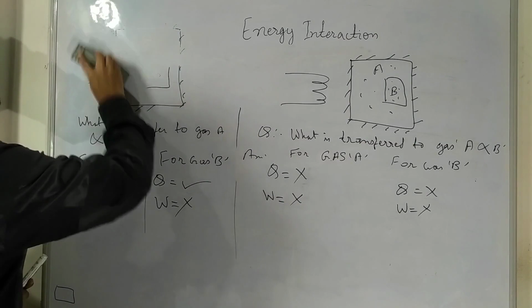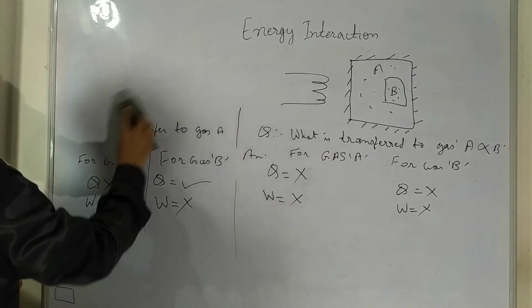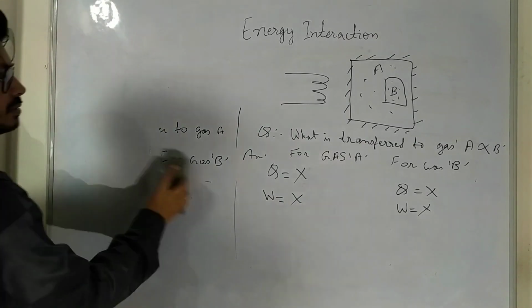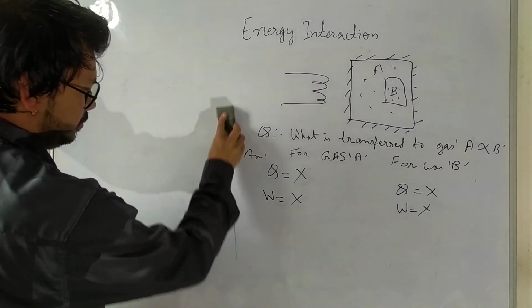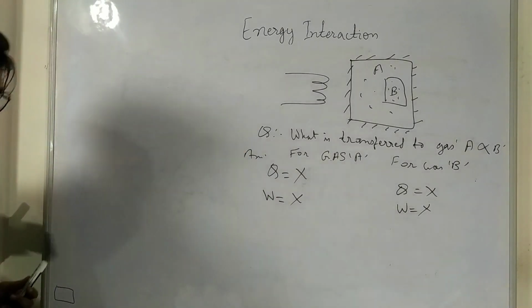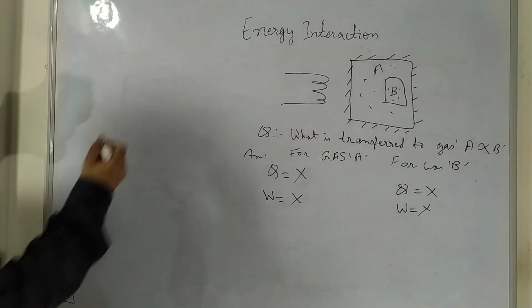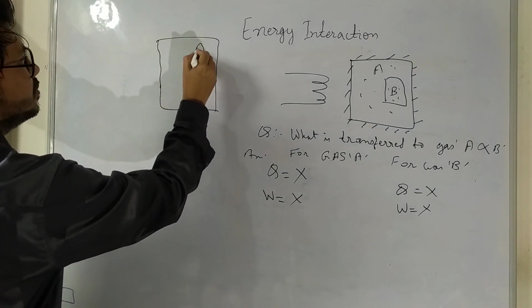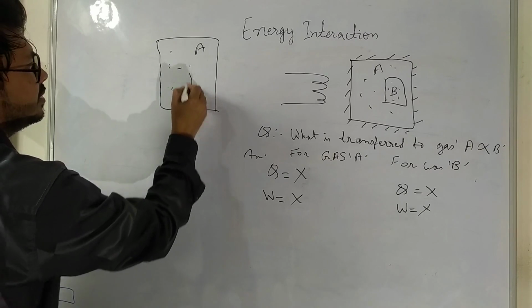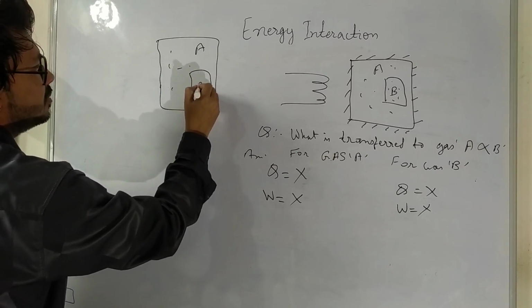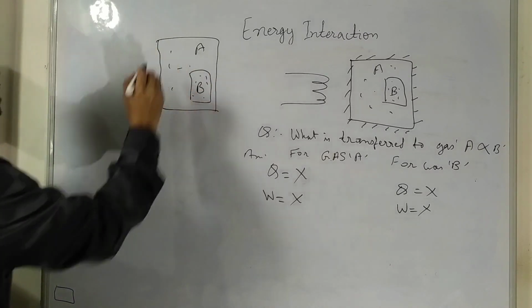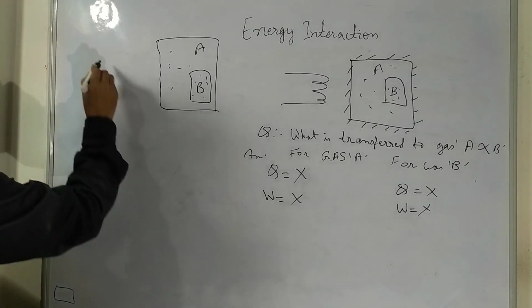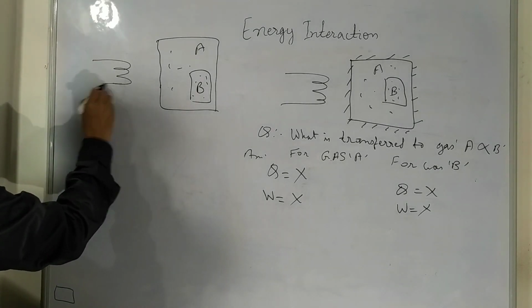Now we will change a little bit in the given example and see what happens. We have the same system in which gas A is there, and there is another beaker in which gas B is there. Now both are not insulated, and we have kept the electric heater here.